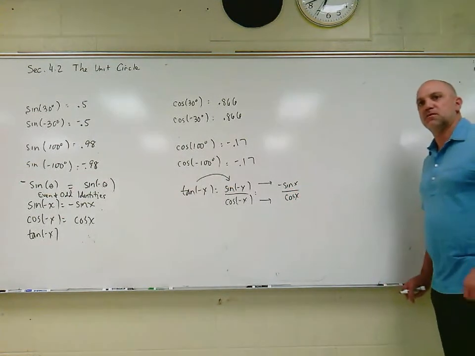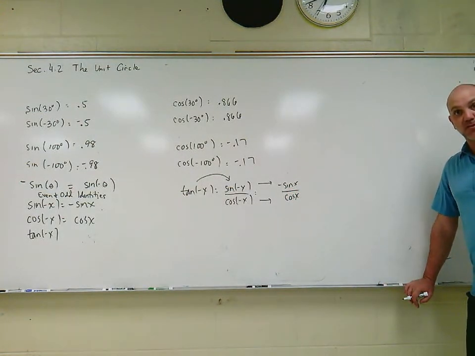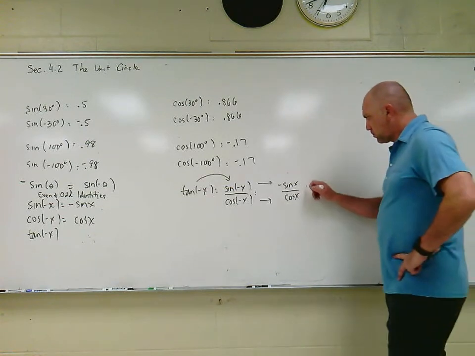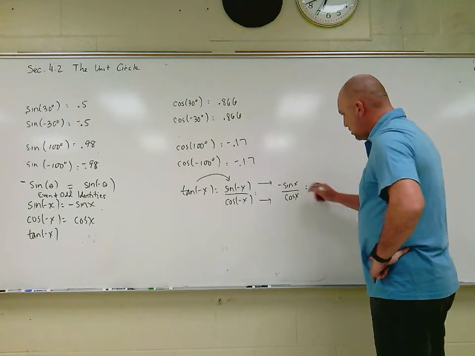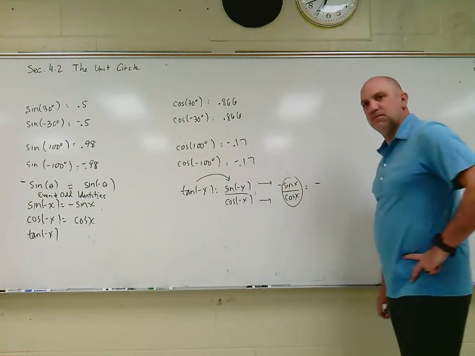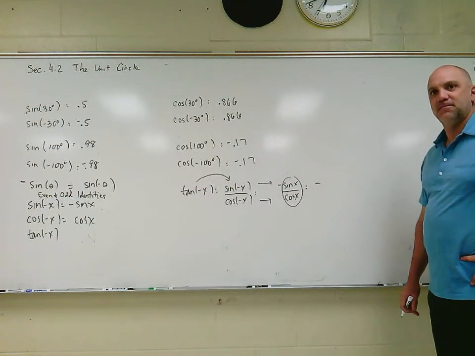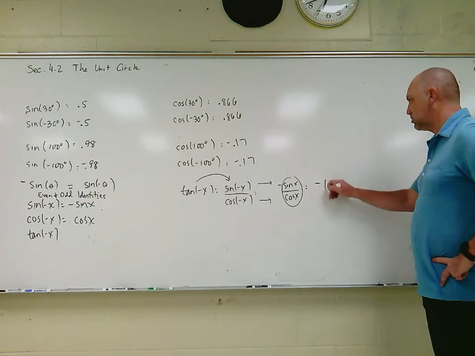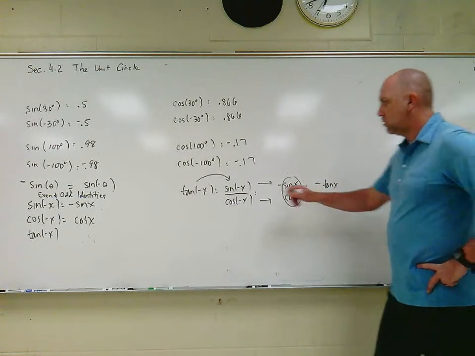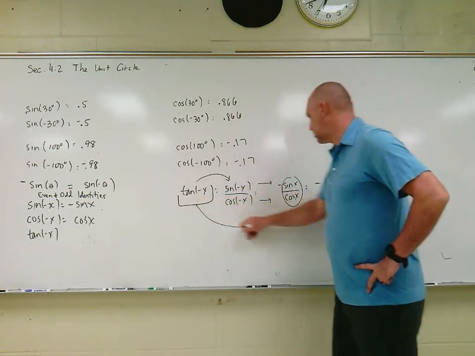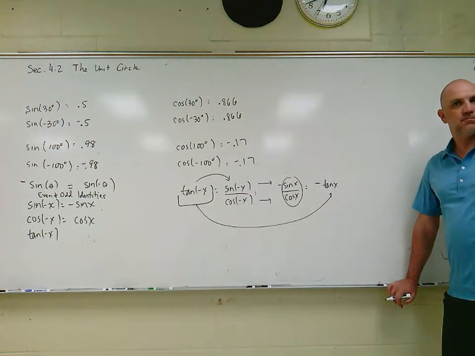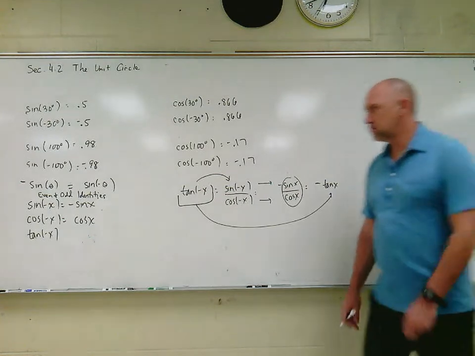See, now I've gotten rid of the negative x on the inside. I just have x's now. And now I'm going to go full circle. With the negative, what is this? Tangent. Sine over cosine is tangent x. So now we've proved that tangent of negative x is negative tangent x. It's an odd function. Okay.